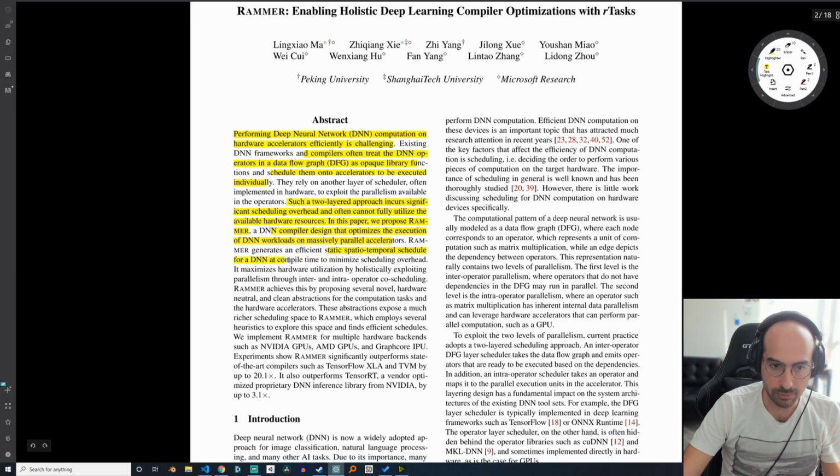Static spatiotemporal schedule for DNN at compile time to minimize scheduling overhead. Maximize hardware utilization by holistically exploiting parallelism through inter and intra-operator co-scheduling. A much richer scheduling space for multiple NVIDIA and AMD GPUs and GraphCore IPUs. Oh, interesting.